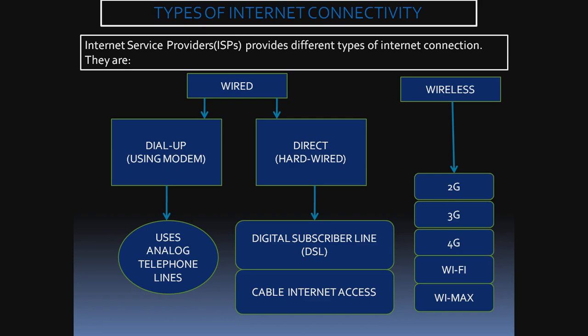Now dial-up is something which had been used by us 15-20 years ago. It required a telephone line and it used to send the signals of internet through an analog medium. That is, it used analog signals and we needed something called a modem so that our digital computer could convert those signals into analog and then send. This technology is now out of date, students.